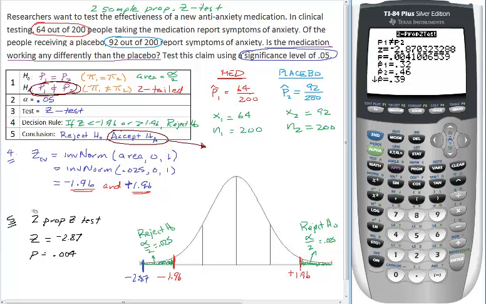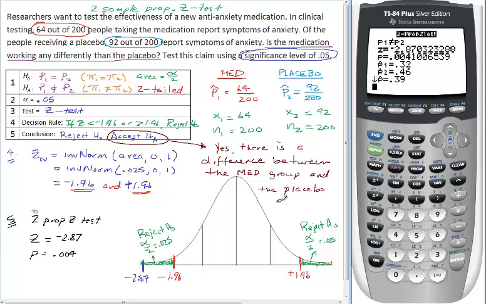So there is a difference between the medicated group and the placebo group. I'll just call it MED, and the placebo group. So in other words, medication is making some difference, isn't it?